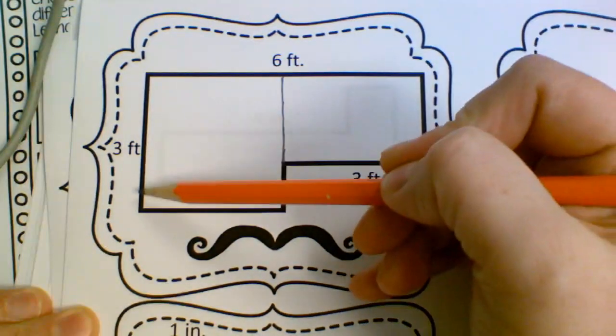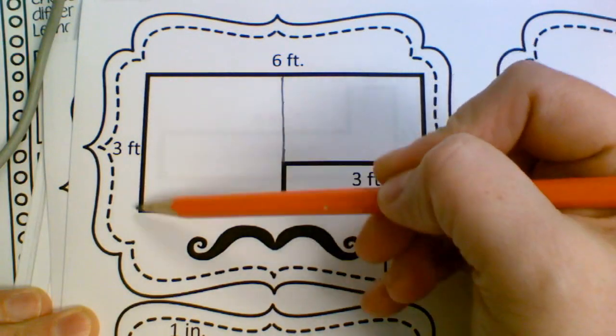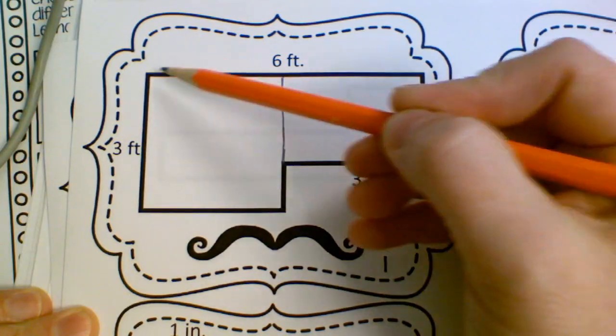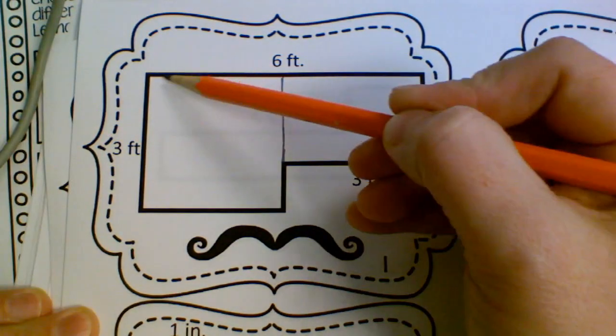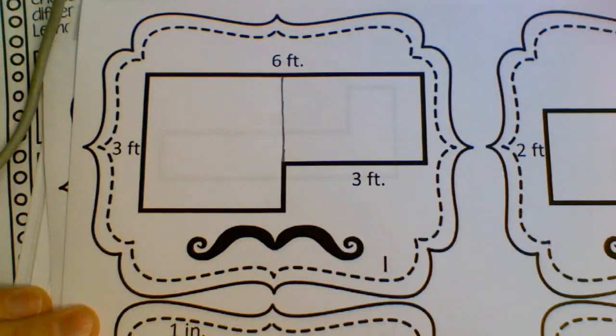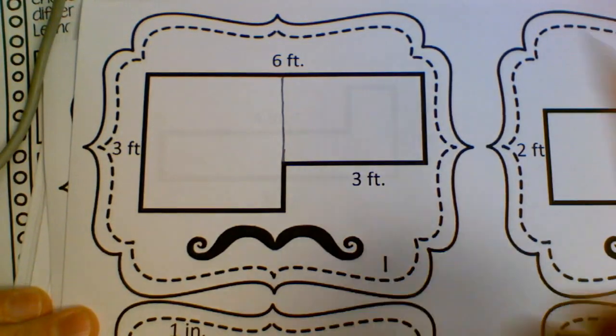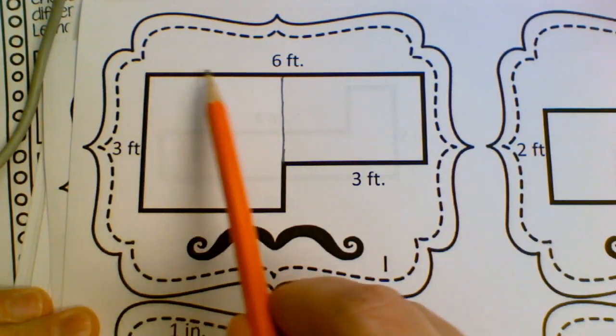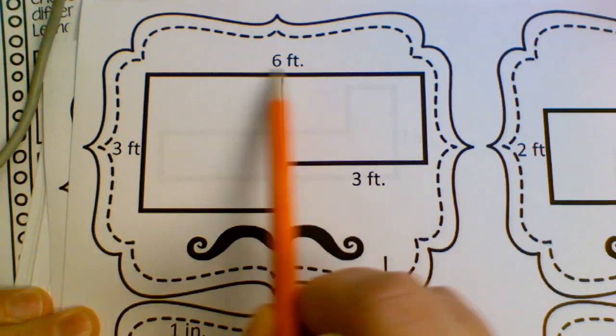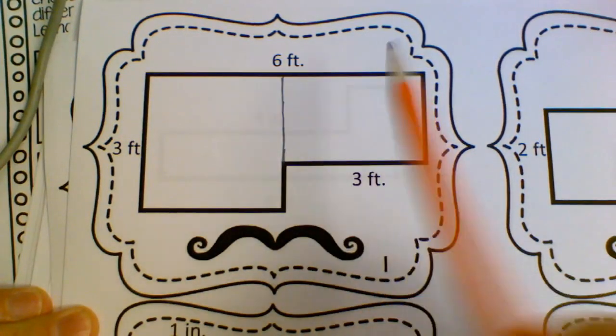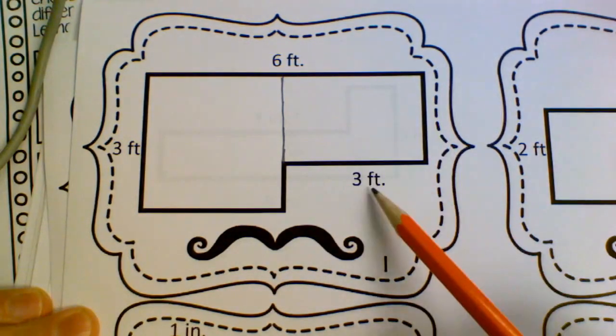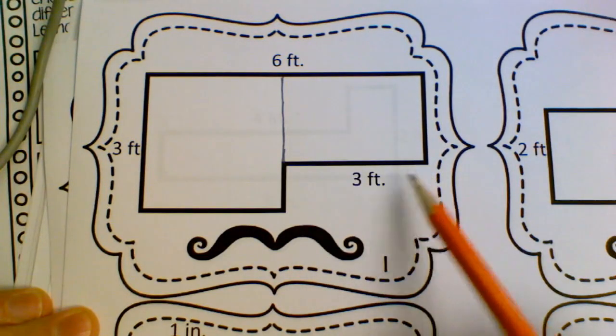And then if I'm over here, I have this measurement of 3, but I don't have this measurement. And this is where you need to be a really good detective. So if we see the entire top here, the distance from here to here is 6 feet. And then I also see that from here to here is 3 feet.